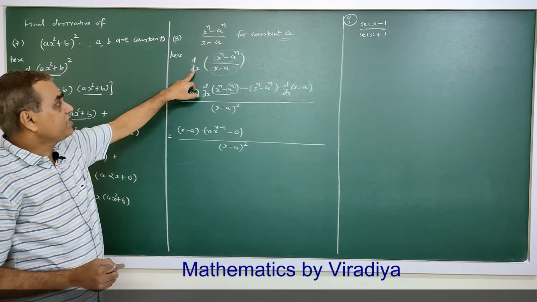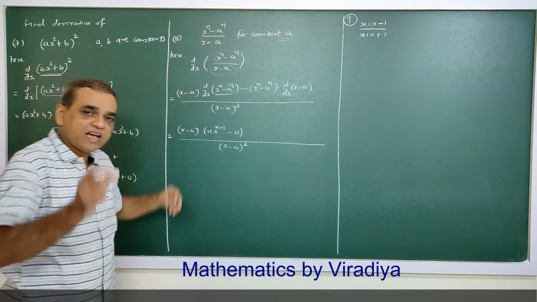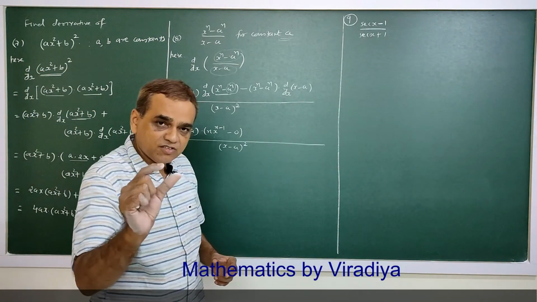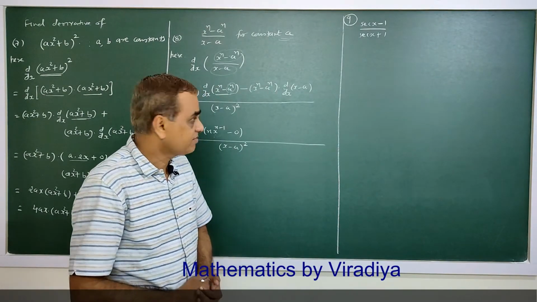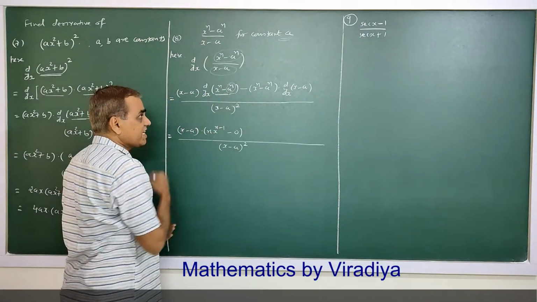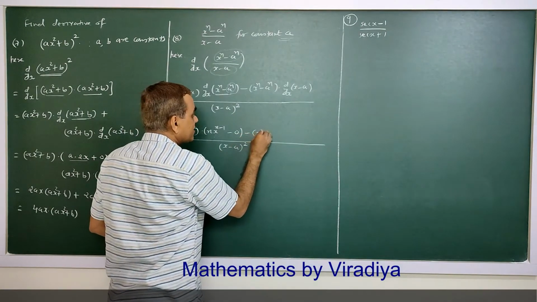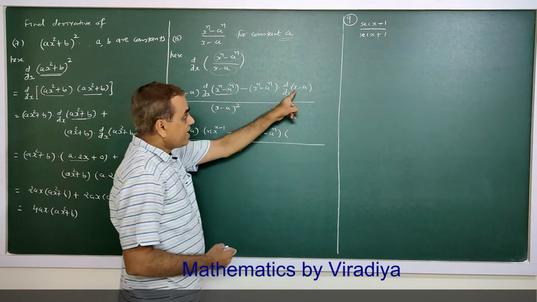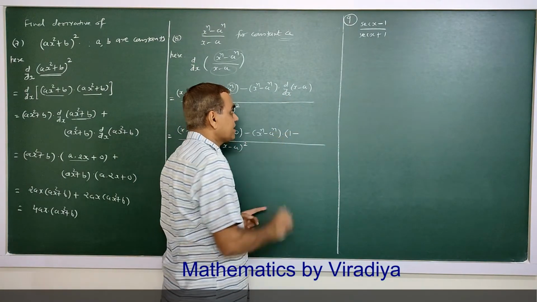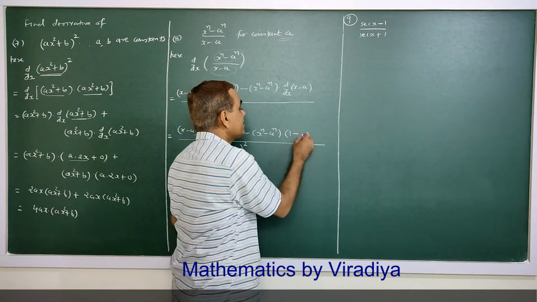Whenever we differentiate with respect to x, any term or number which is free from x is constant. So its derivative is 0, minus x raised to n minus a raised to n into derivative of x, which is 1, minus derivative of constant, which is 0.